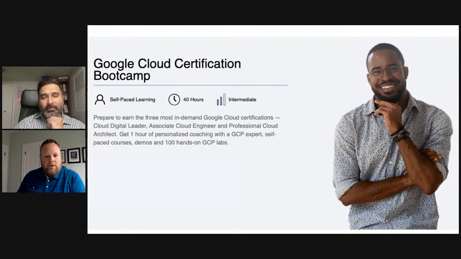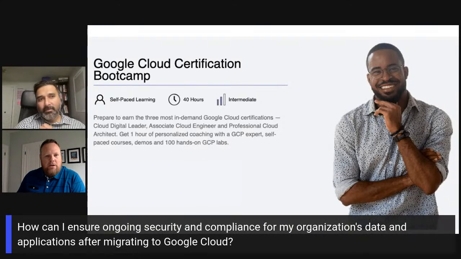Another one here is how can I ensure ongoing security and compliance of my organization's data and applications after migrating to Google Cloud? Typically, right at the beginning, in the assess and plan stage, you would be looking at what your security controls are, and what security or compliance regime you're following.